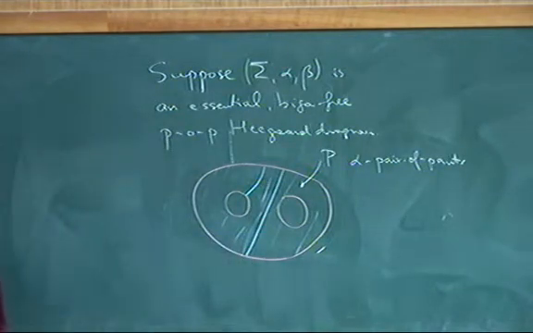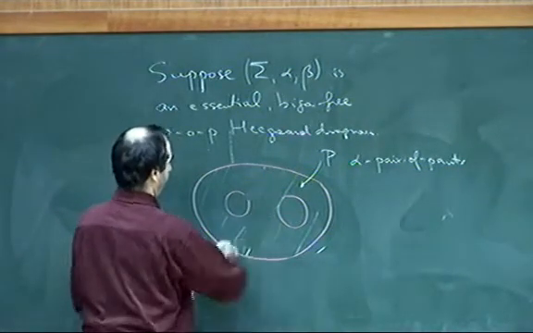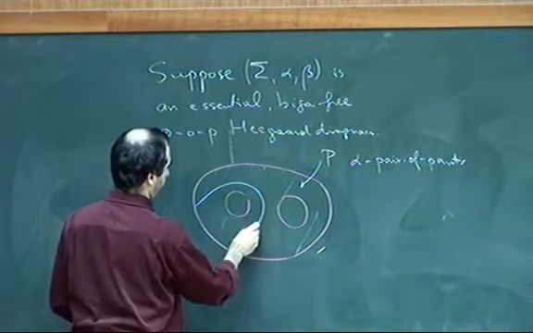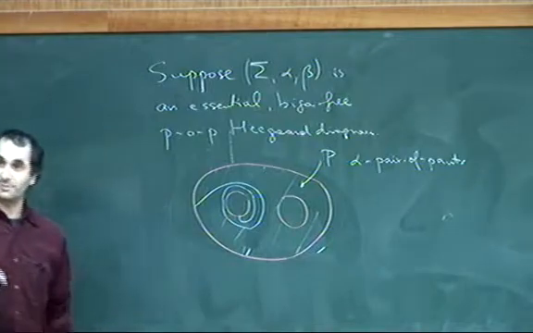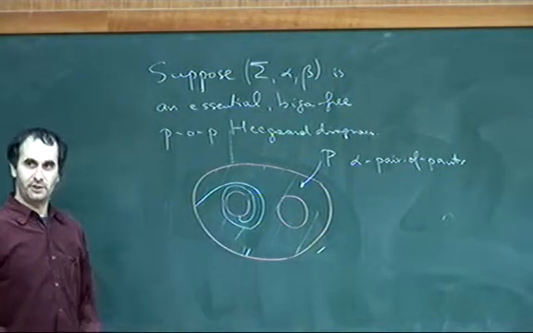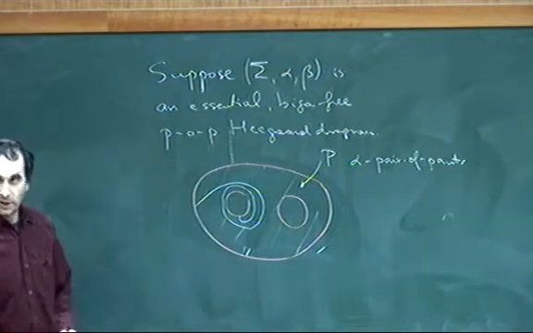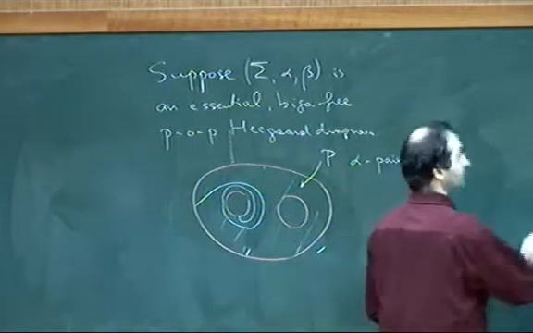Of course, it could go around and do something like this, if you apply the mapping class group of the pair of pants to it, but after an appropriate diffeomorphism.